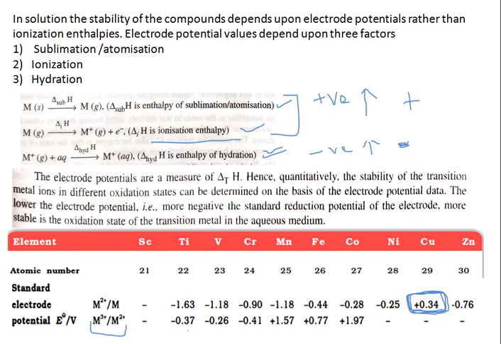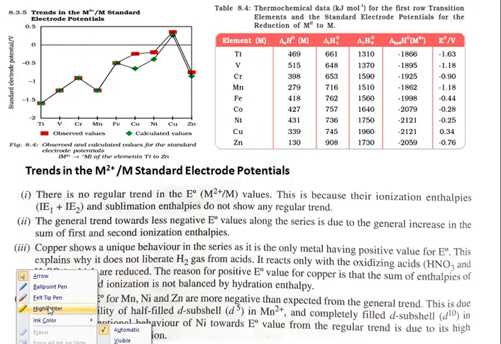For titanium it's negative, for vanadium it's negative, chromium negative. Now manganese and iron as well as cobalt, their standard reduction potential values are positive. The reason is the same, on the basis of the magnitude of hydration enthalpy compared to that of ionization and sublimation enthalpies.